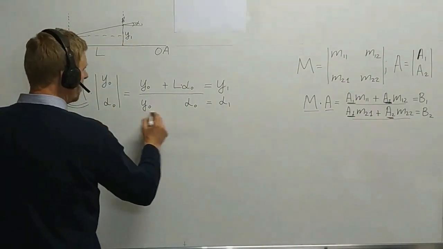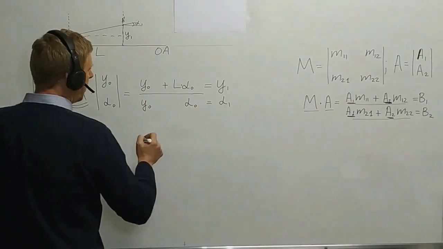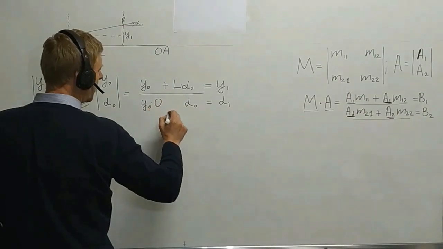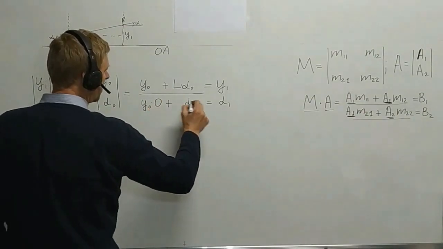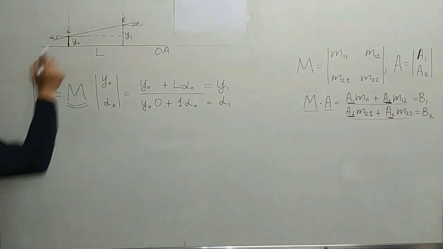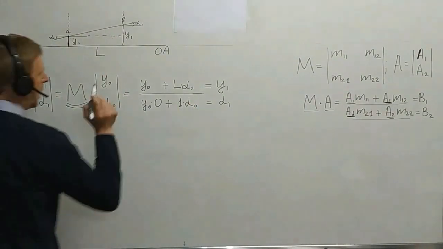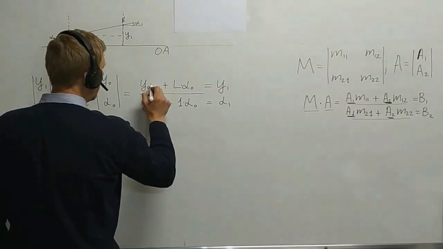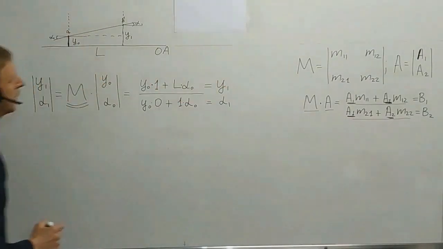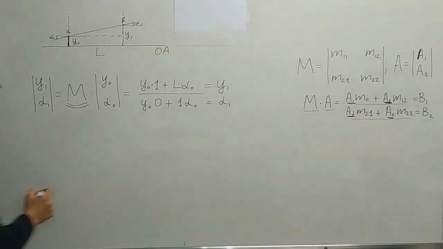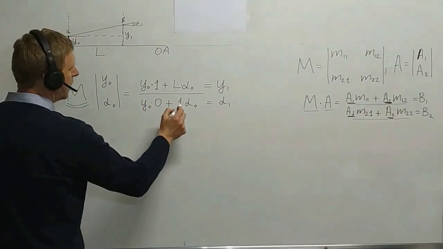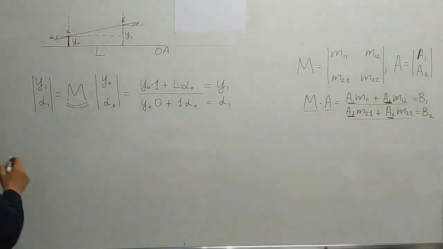In order to make this expression equal to alpha 1, I can multiply y0 by 0 plus and multiply alpha 0 by 1, since alpha 1 is equal to alpha 0. And one more step, I need to multiply this by 1 to keep this expression true. So now I have four elements, 1, 0, L, and 1, which is representing my matrix.